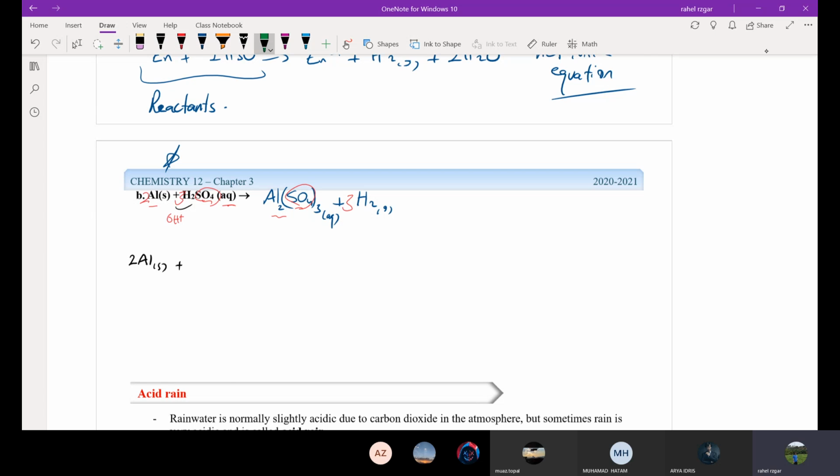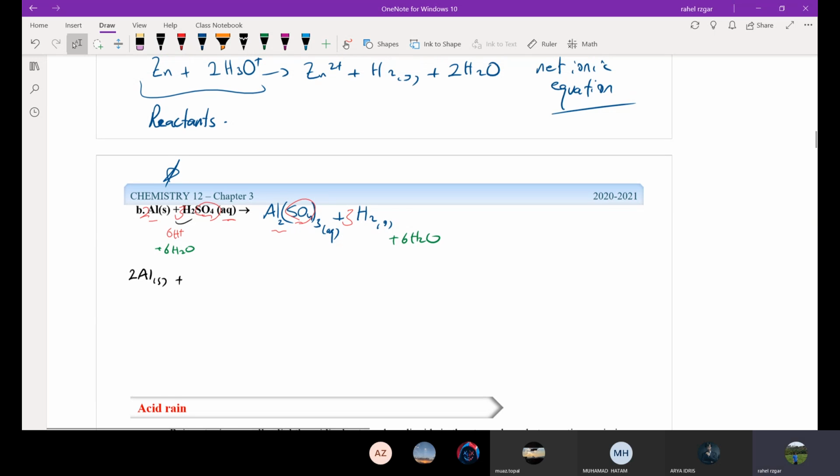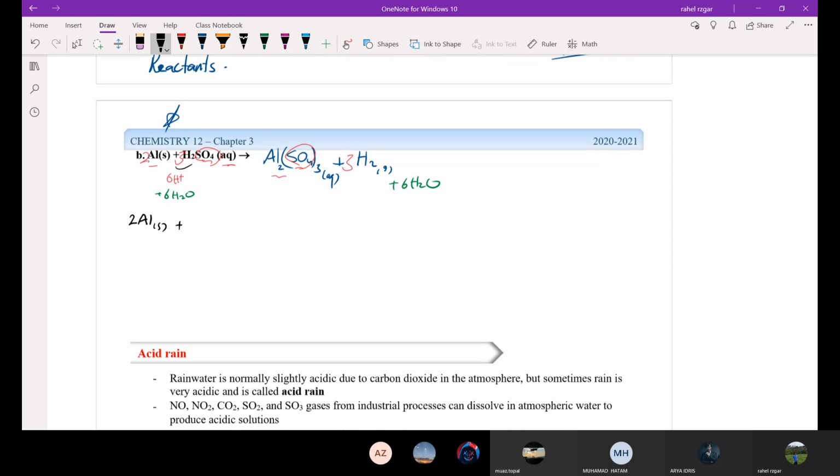So we will add 6 H2O. 6H with 6 H2O becomes 6 H3O. Then we have 3 SO4 becomes 2 aluminium, 3 SO4, 3 hydrogen, 6 H2O.